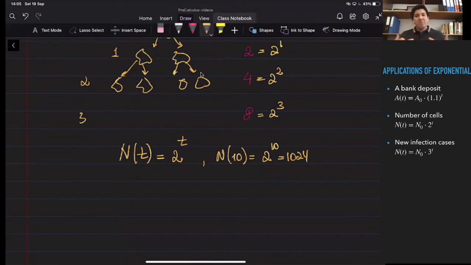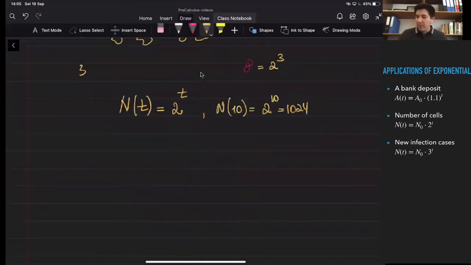So I can make this problem a little bit more difficult. Let's pose the problem. Let's say we have not just 1 cell, but 30 cells.